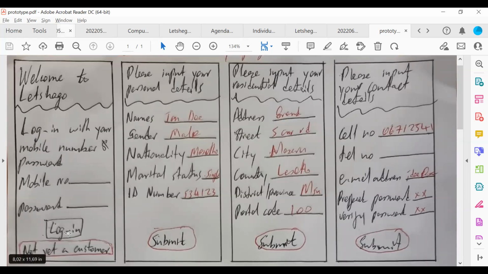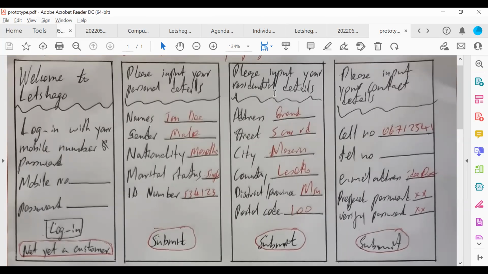Where they don't have a password, not yet a customer, they select not yet a customer. As soon as they select that, they're taken to the next screen where they input their KYC. The first message, your personal details: names, say John Doe, gender male, nationality Lesotho, marital status single, ID number, and so on, and then they submit.